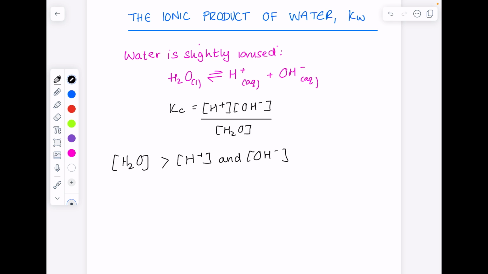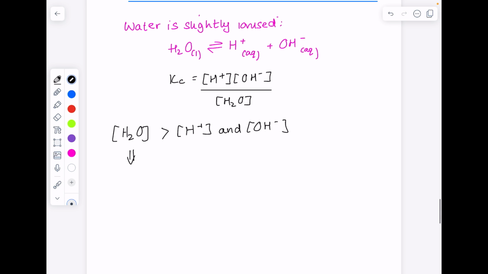So that's what we've written there. The concentration of H2O is much greater than that of the H+ and OH- ions, meaning the concentration of H2O is effectively constant.